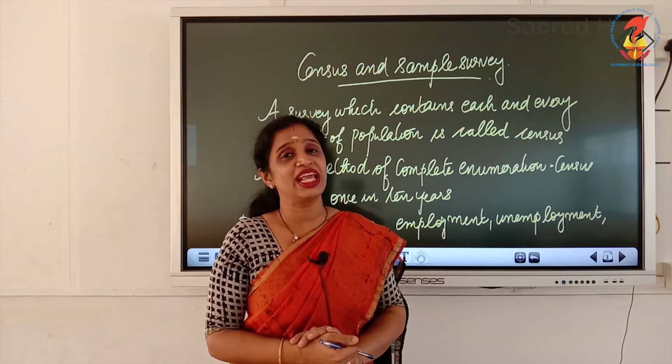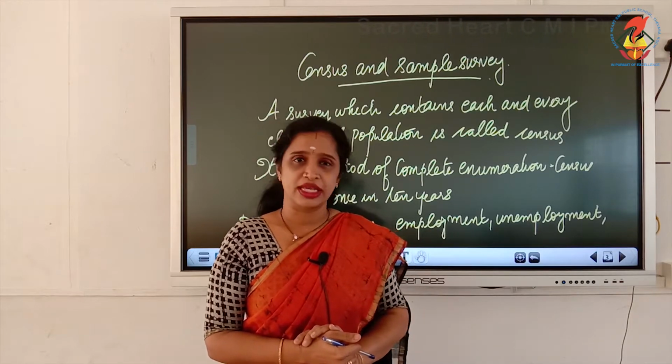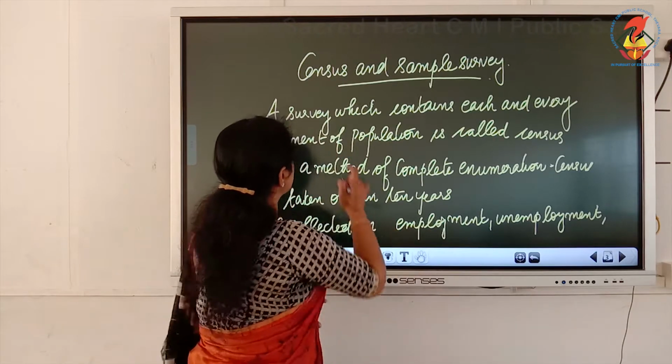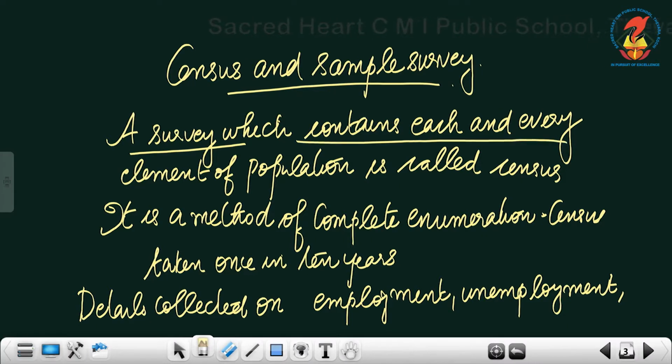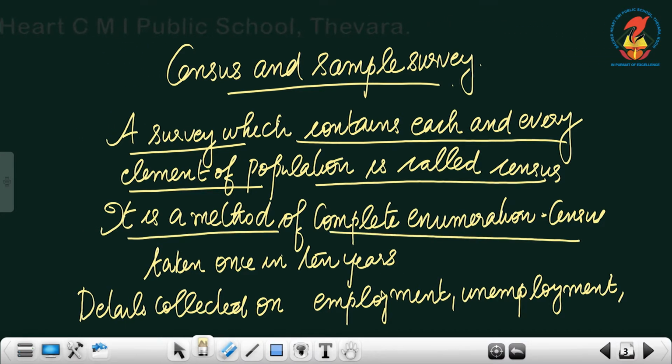So each and every element of population will be considered in the census. So what is a census? A survey which contains each and every element of population is called census. Therefore, it is called the method of complete enumeration. Census is taken once in 10 years.